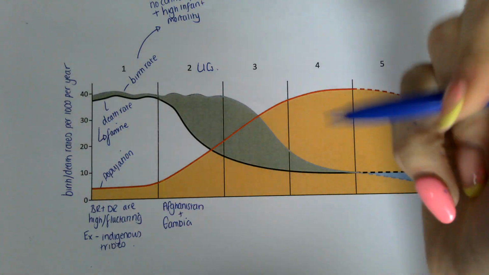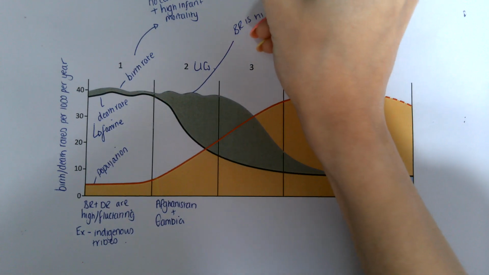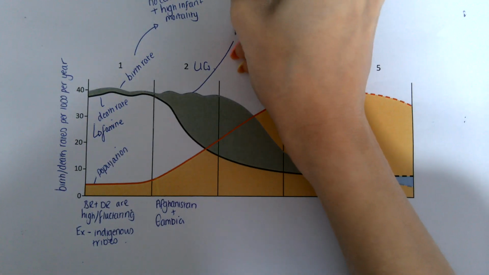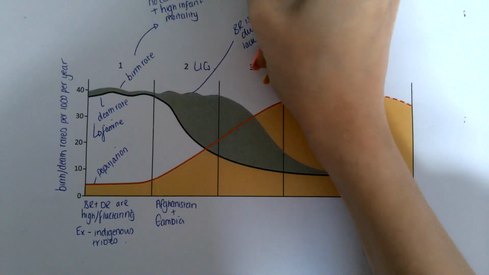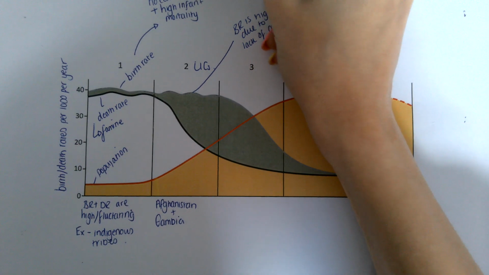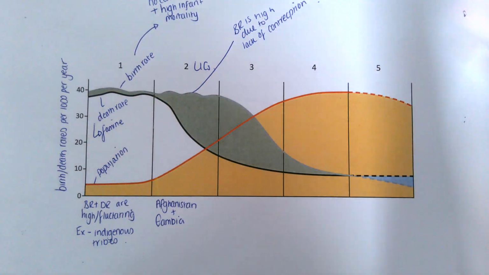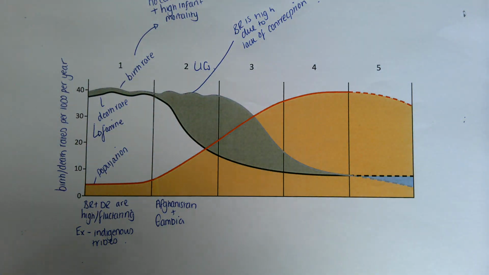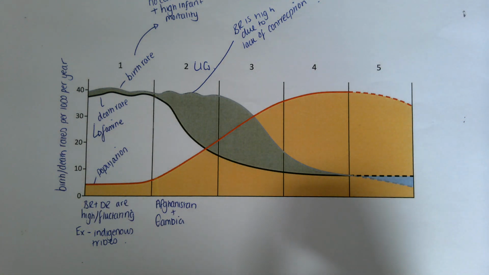Your birth rate is still high due to lack of access to contraception. Your infant mortality rate might still be high, which means that people are choosing to have more children. The economy is based on agriculture, so they are having lots of children to work on the farms with them.